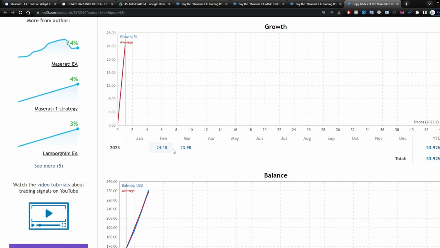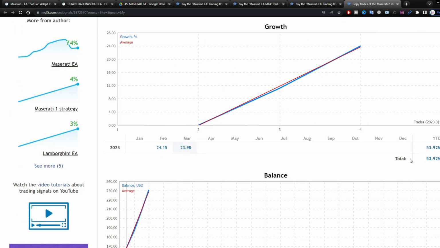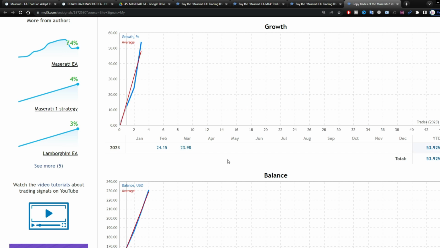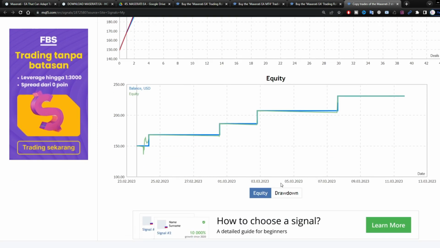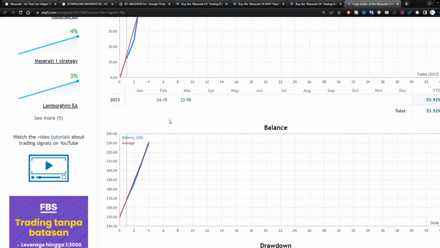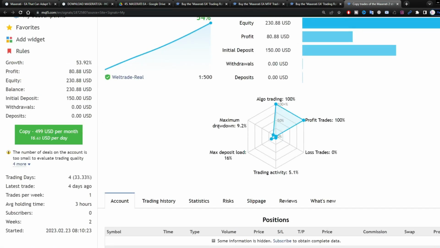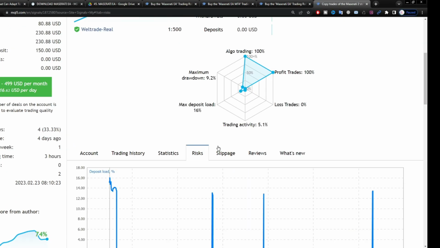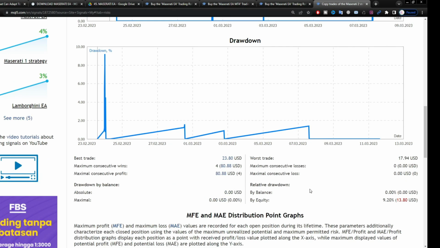Growth information. Trading starts in February 2023, with a total profit of 53.92%. We will see the details of the drawdown information. Drawdown 9.20% if the equity is $13.80.